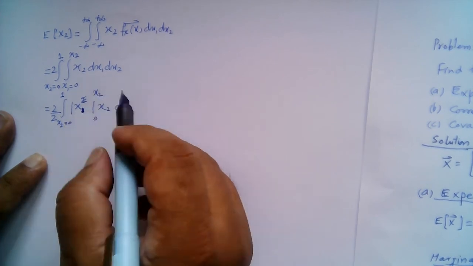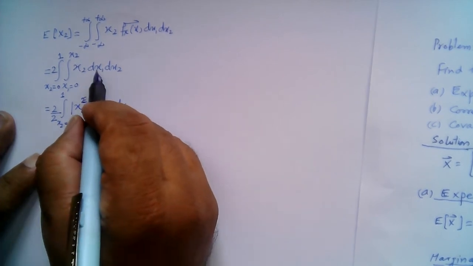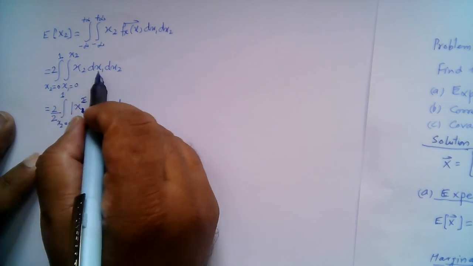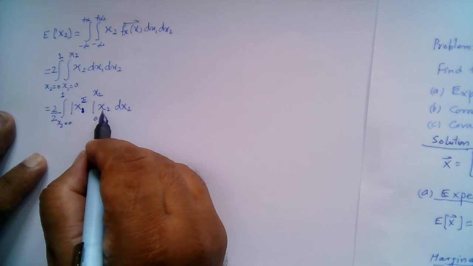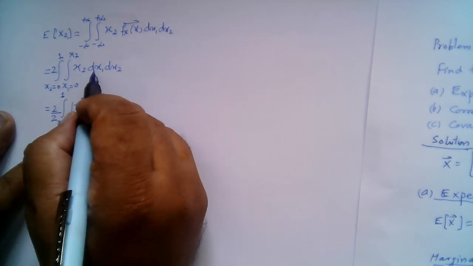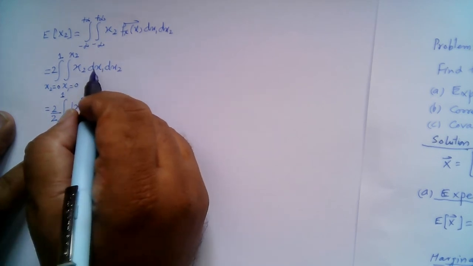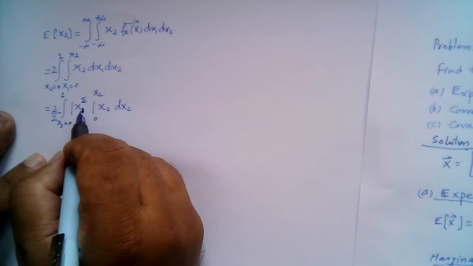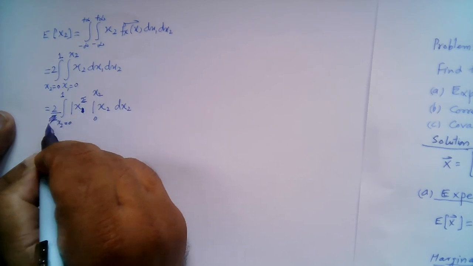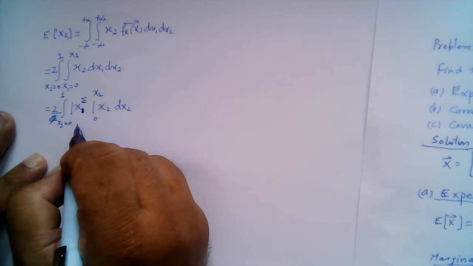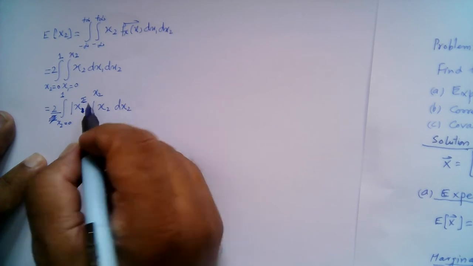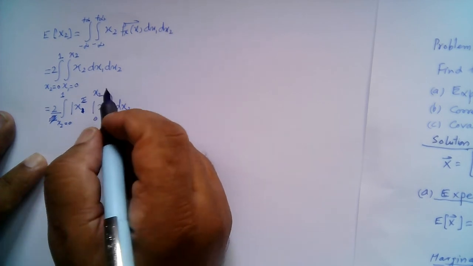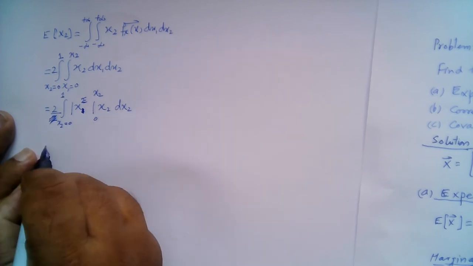Let me repeat here. We are integrating first with respect to x1. So x2 is a constant with respect to x1. So this will remain outside here, and the integral with respect to x1 will result in simply x1 here, right? No 1 over 2 here also, right? So this will be x1 here, and the limits will be from 0 to x2, and we still need to integrate with respect to x2.